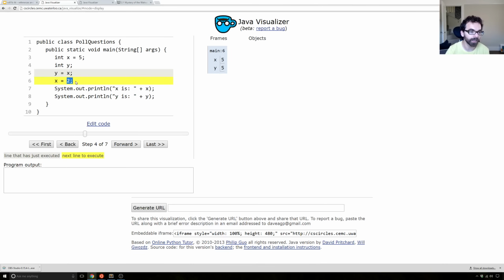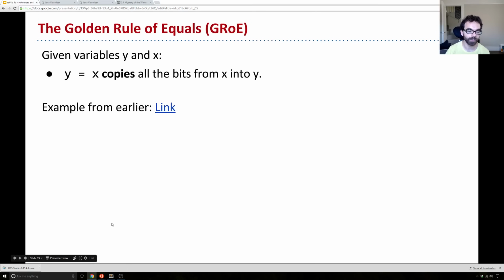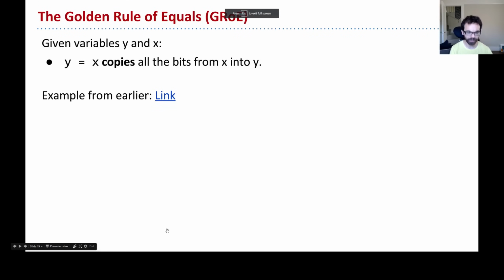So what are these bits? It's the number 2, and it puts them in which box? This box. So there's no change to y because that's not what the golden rule of equals says. It says take this box and fill it with bits, not this box. There's 2 distinct boxes. Fill this one up. Okay. And that's the answer to why integers behave the way they do. So the natural follow-up question is, well, what about walruses? And we'll get there in a moment.